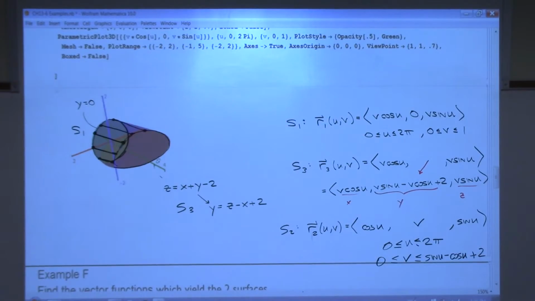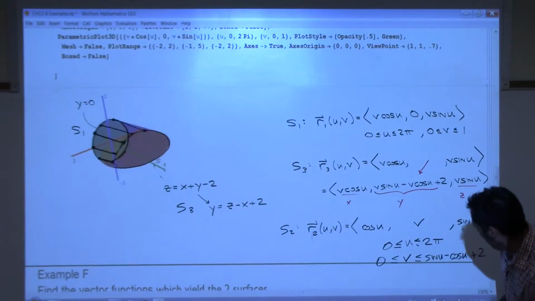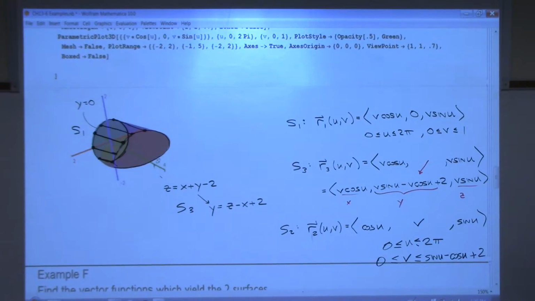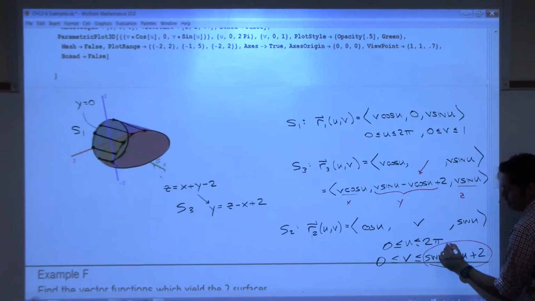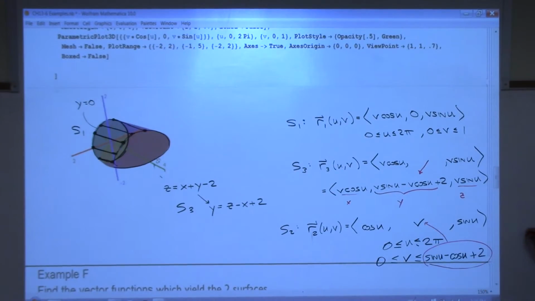Can anyone tell me what would have happened if you had instead put this right here? Basically, take v out of the problem, because that's what you would be doing. Take v away and just put that right there. What would it have drawn? Not quite.